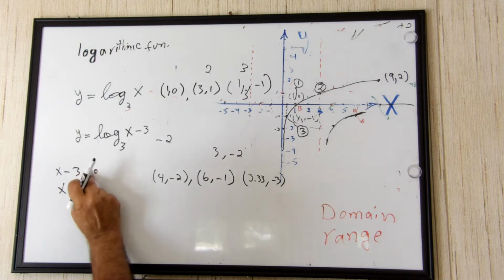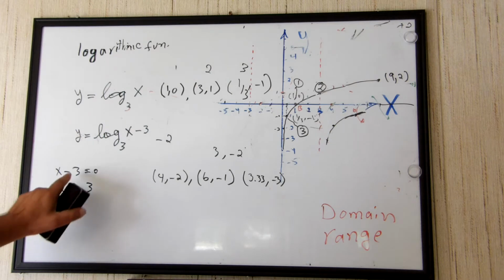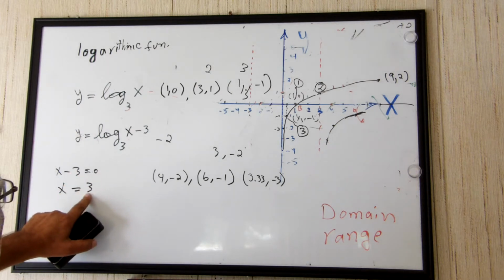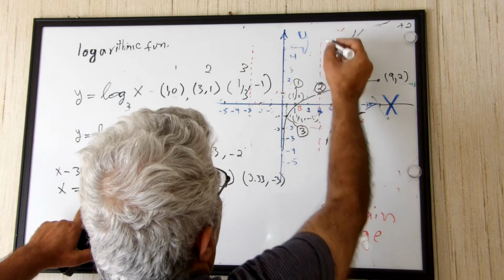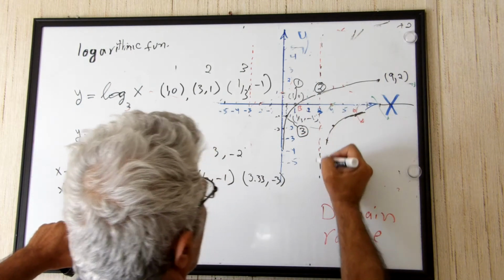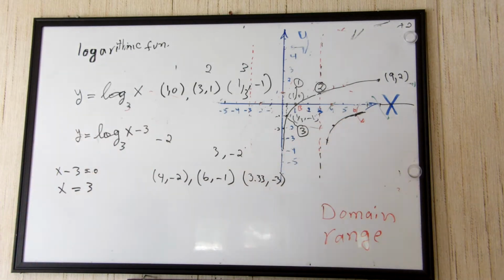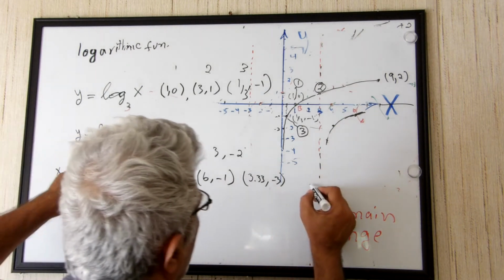Going to the other side of the equality, it's going to be plus 3. So we draw this one, 1, 2, 3. This is going to be the vertical asymptote of this function.